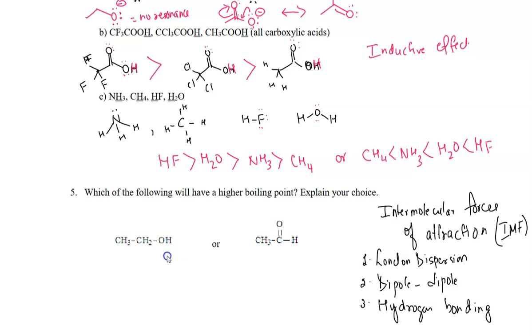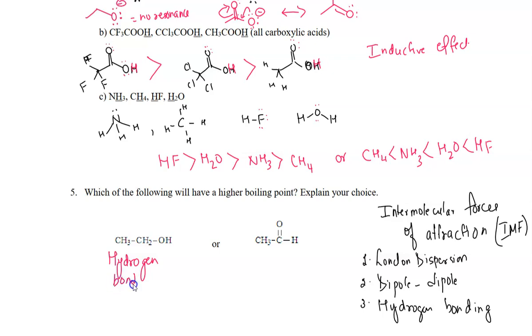We'll come to learn about that in chapter 3. But anyway, this molecule has an OH bond, which is a necessary condition for hydrogen bonding. So the type of intermolecular force that is present in this molecule is hydrogen bonding.